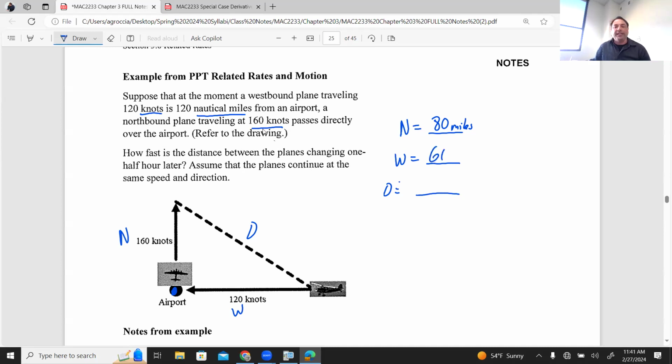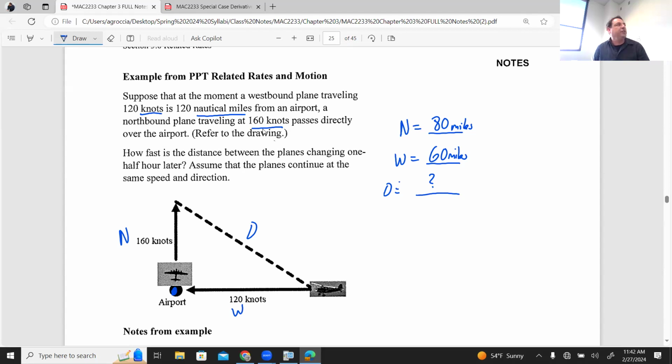And again, it's given below. Just kind of showing you. But we don't have D. So the north is given 80 miles. The west is given 60 miles, but we don't know the distance of D. Where did the 80 and 60 come from? It's given to us below.